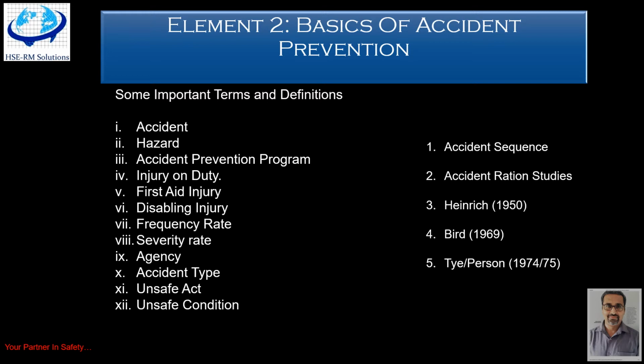All accidents do not necessarily cause personal injuries. So this is the simple definition. The definition of accident is very simple. What is an accident? Any unplanned event that interrupts or interferes with the orderly progress of activity.